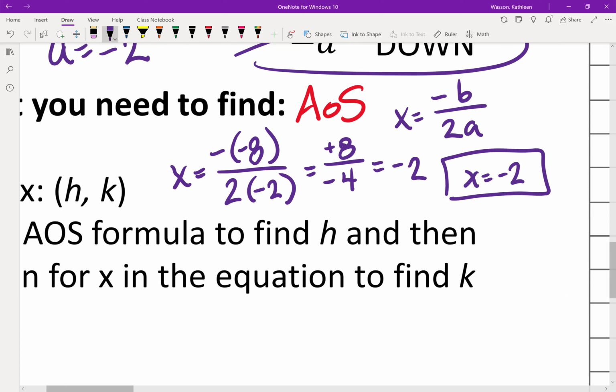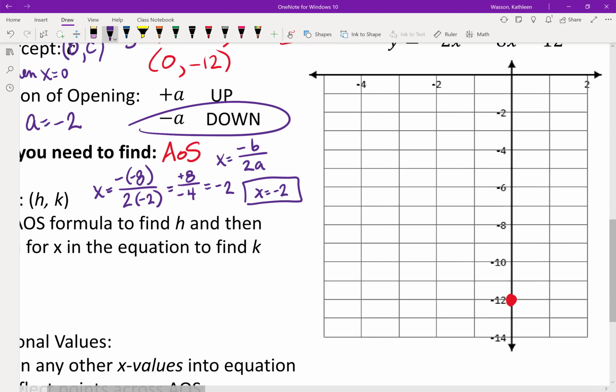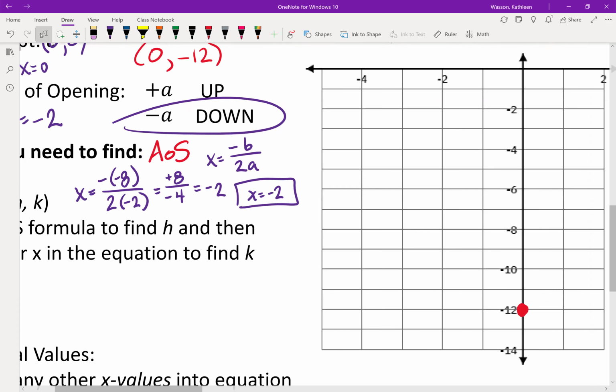Make sure anytime you write the axis of symmetry, you write an equation, not just a number, because it's a line. So I need the equation. I can draw that axis of symmetry on here. It's the line where x equals -2. My vertex will be on this line.